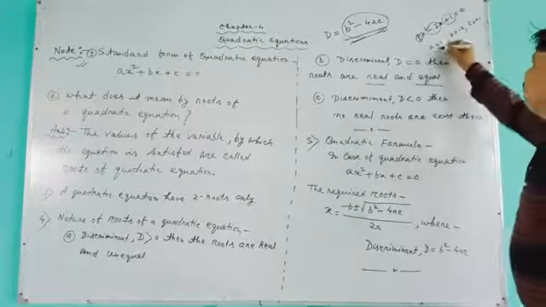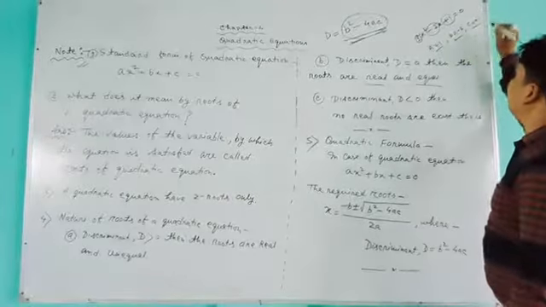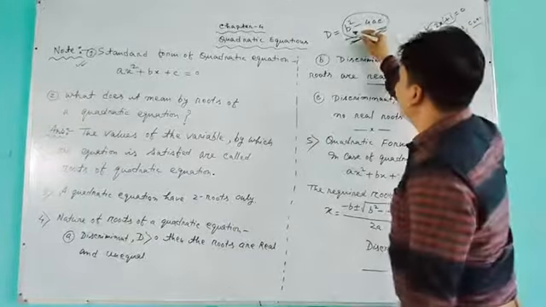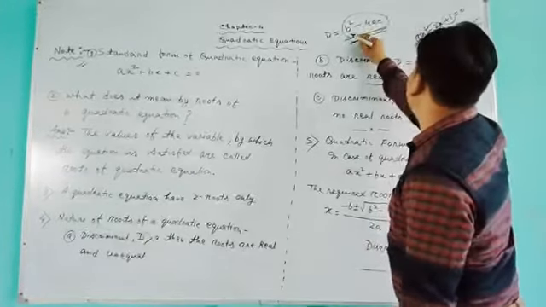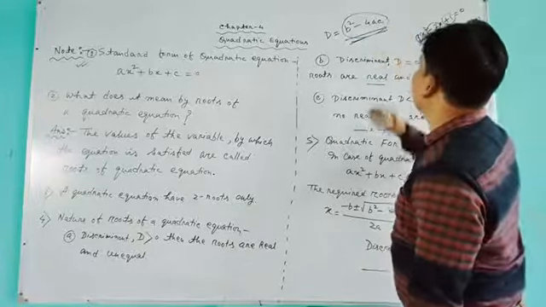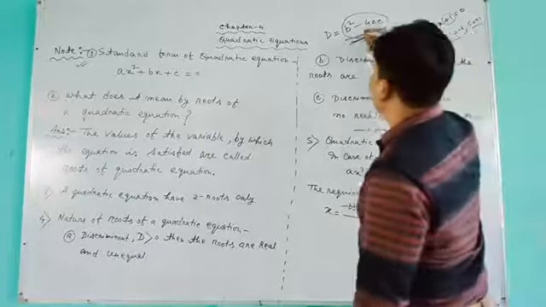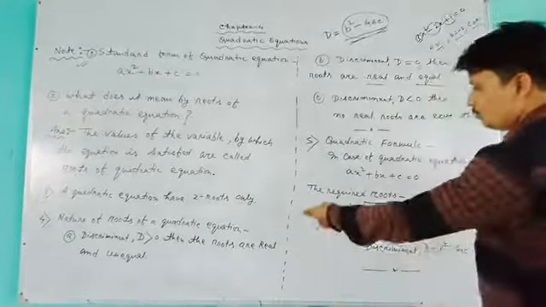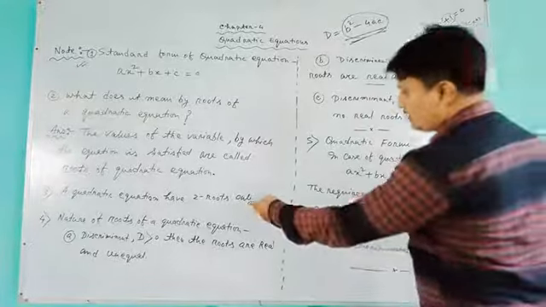These are the coefficients. Just put these values here: in the place of b put minus 2, in the place of a put plus 1, in the place of c put plus 1. Then by calculation, if you get a value bigger than 0, the roots of this equation are real and unequal.